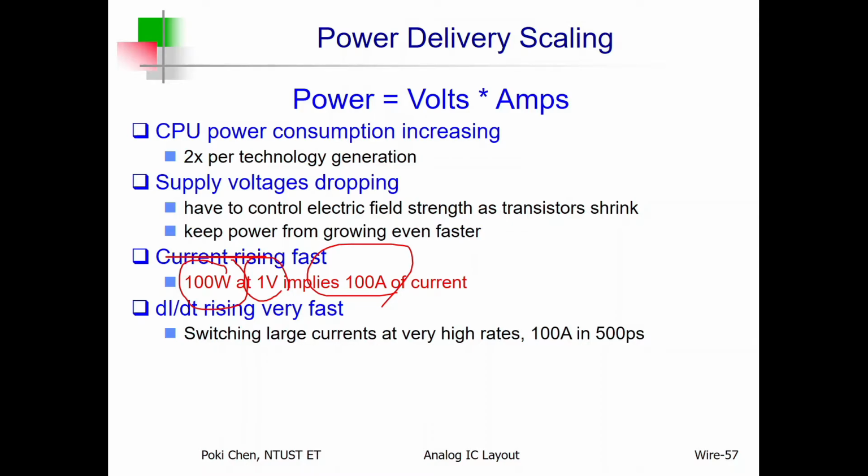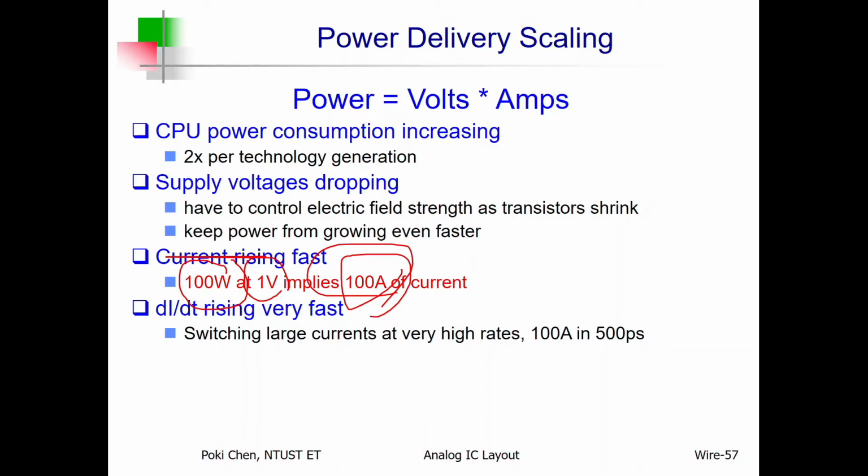That is too huge. For our own design, usually we focus on milliamperes, tens of milliamperes or hundreds of milliamperes. But such powerful chips need to tolerate more than 100 amperes of current.